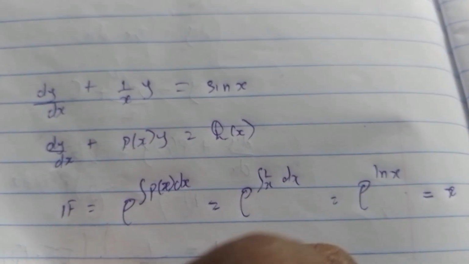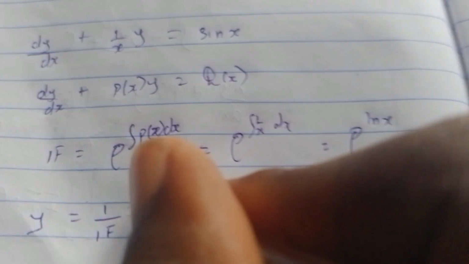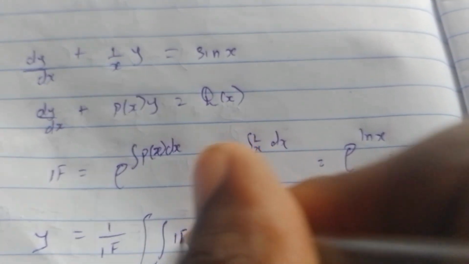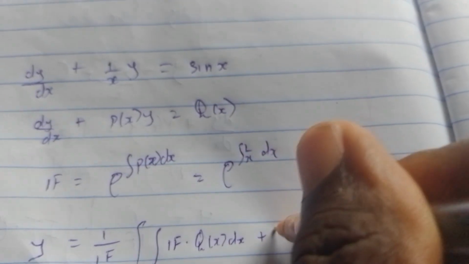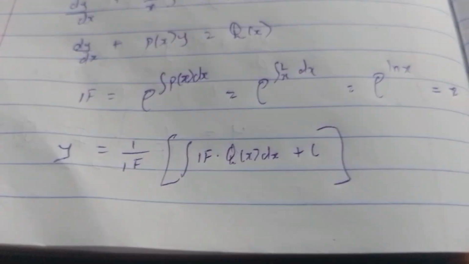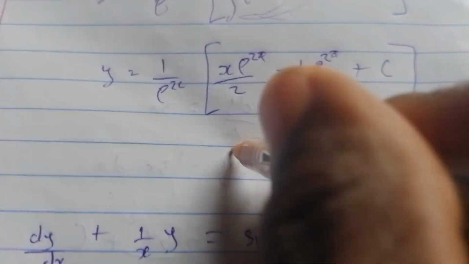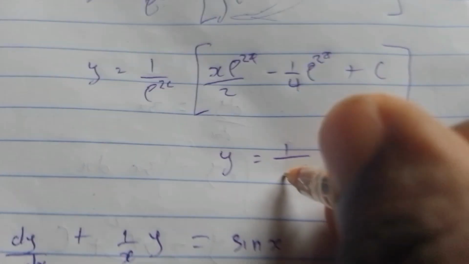So we're going to use y is equal to 1 all over the integrating factor multiplied by the integral of the integrating factor multiplied by q of x dx plus c. And we know that our integrating factor, let's continue here. So our y now is equal to 1 over our integrating factor, which we calculated as x.